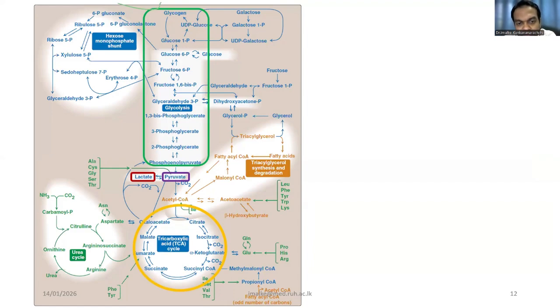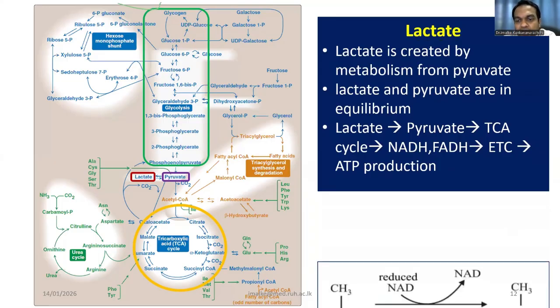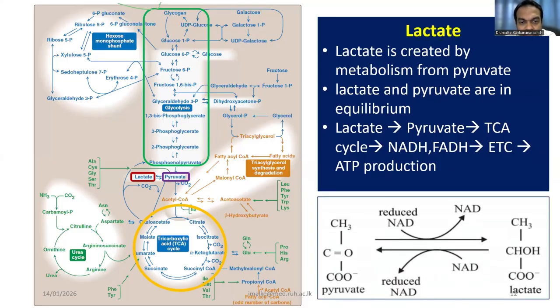So when you don't have enough oxygen, this pyruvate will convert to lactate. So that is what happens here, right? I'm not going to discuss in detail, but in some conditions, giving a high amount of dextrose will increase your lactate level, which is not needed for this lecture actually.